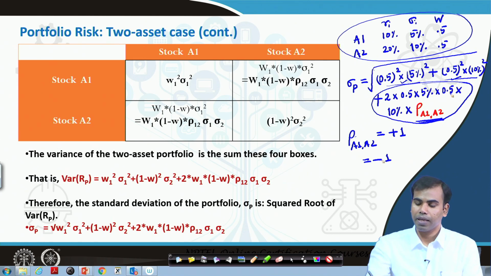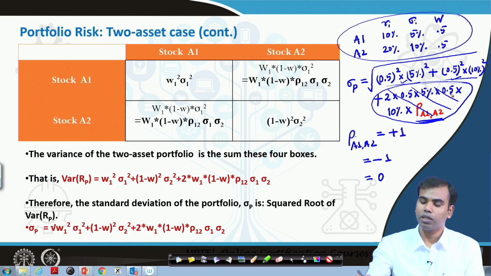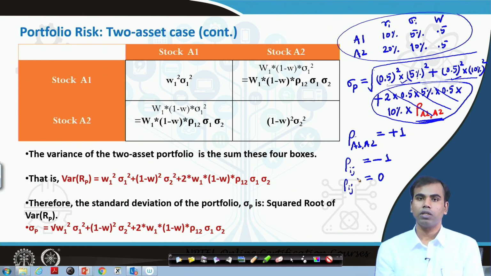And if it is 0, the entire factor will be removed and the risk will be as much as the risk associated with each of the individual assets. This is how this sigma can be minimized or increased depending on how correlated the assets in your portfolio are.